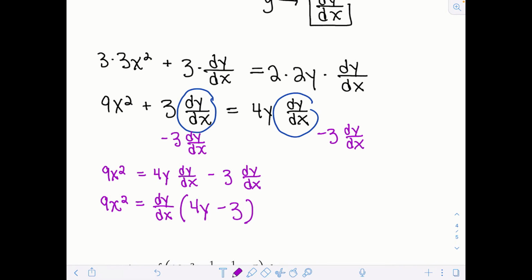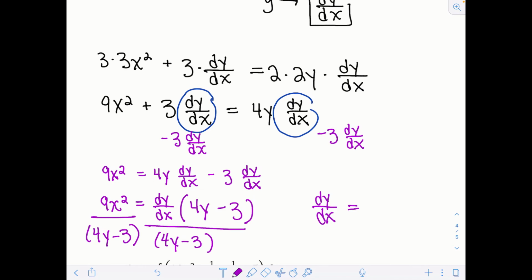So finally, to get dy dx by itself, I would divide both sides by the 4y minus 3. And that gives us our final answer. dy dx is equal to 9x squared over 4y minus 3.